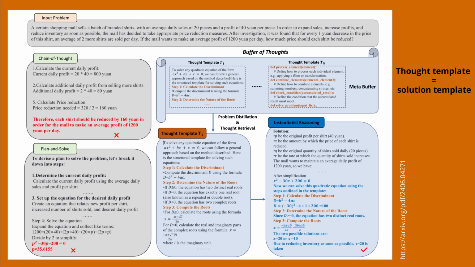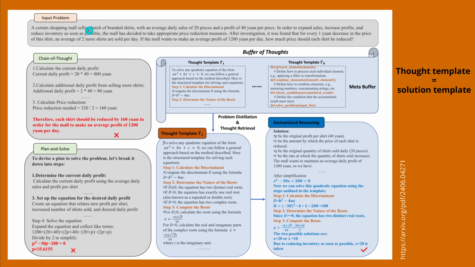This is just a solution template for one very specific problem. And then I define, or I let define here, n thought templates. And the totality of all my thought templates form the buffer of thoughts that I can now use.